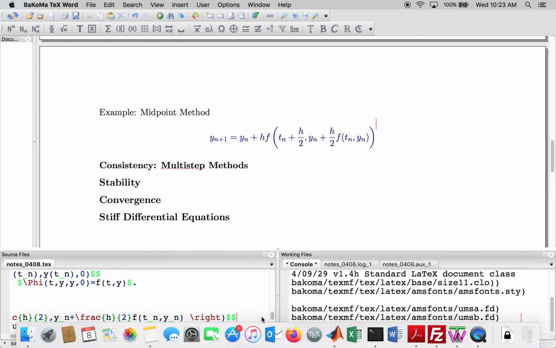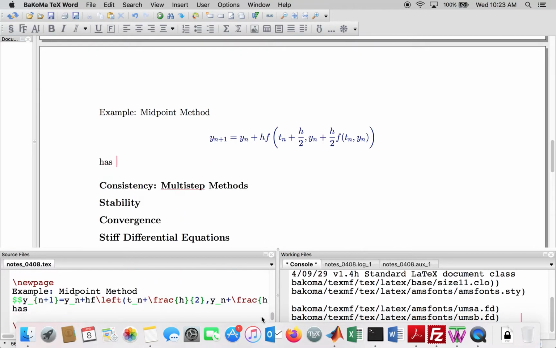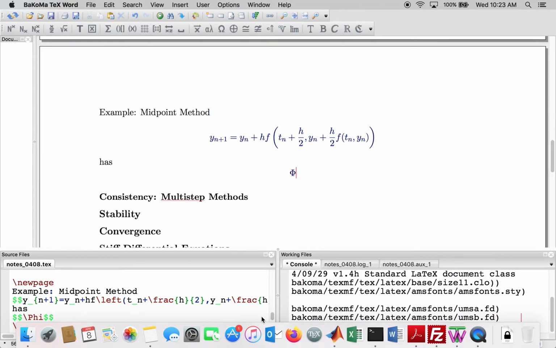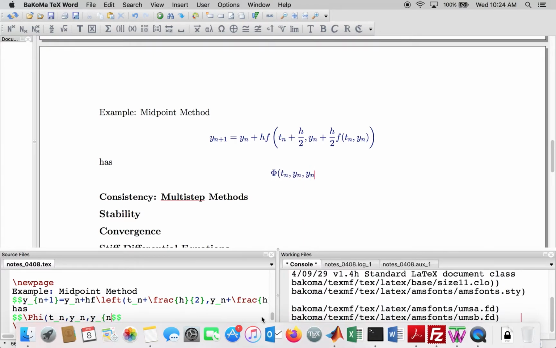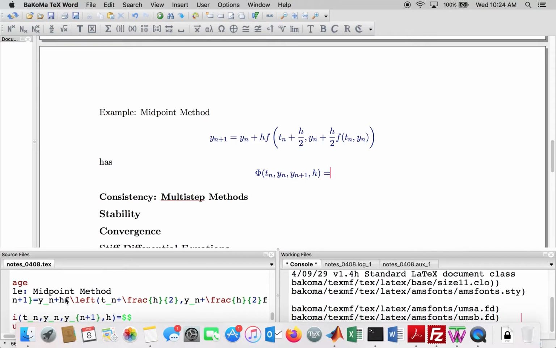So in this case, our function phi of t_n, y_{n+1}, h equals just the f part here.